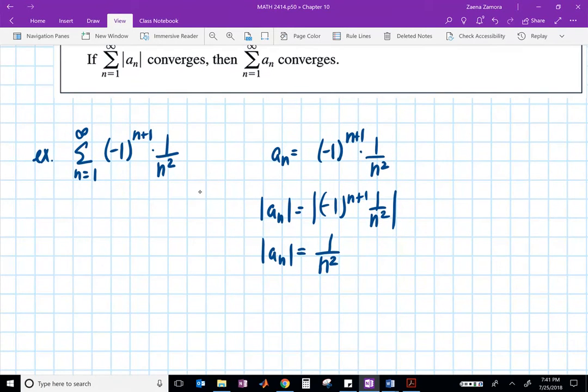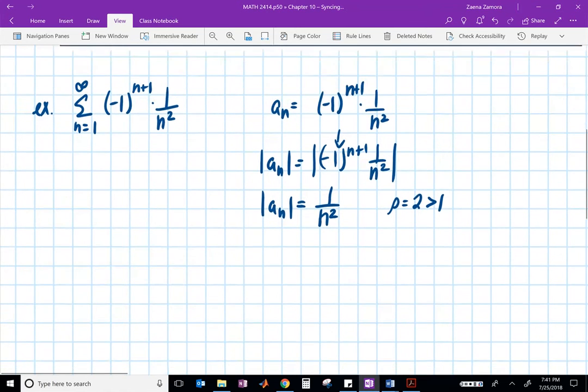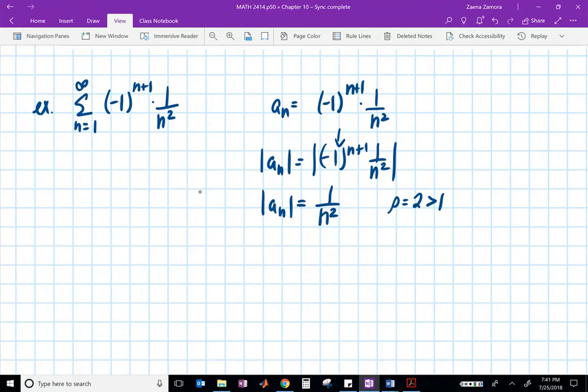Does this one converge or diverge? It converges. Why? What is your p equal to here? 2. Because this one turns into a positive 1, and then 1 times that is just 1 over n squared. So this is a p series, because remember, your n is the base and it's raised to an exponent, and your exponent is greater than 1.